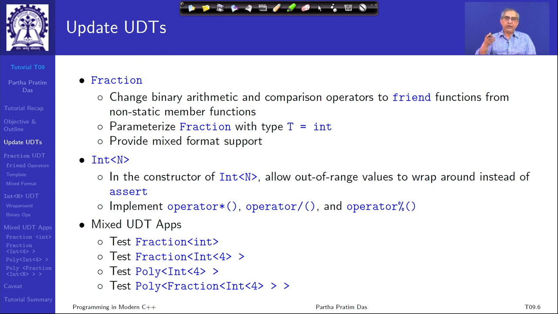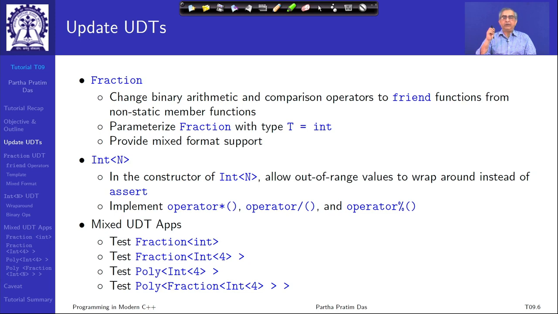I can do the implementation on any integral type, and the fraction will behave according to that integral type. So, for this we parameterize the fraction as a template with a type parameter T, which is defaulted to int, so that it falls back on the last design that we did.